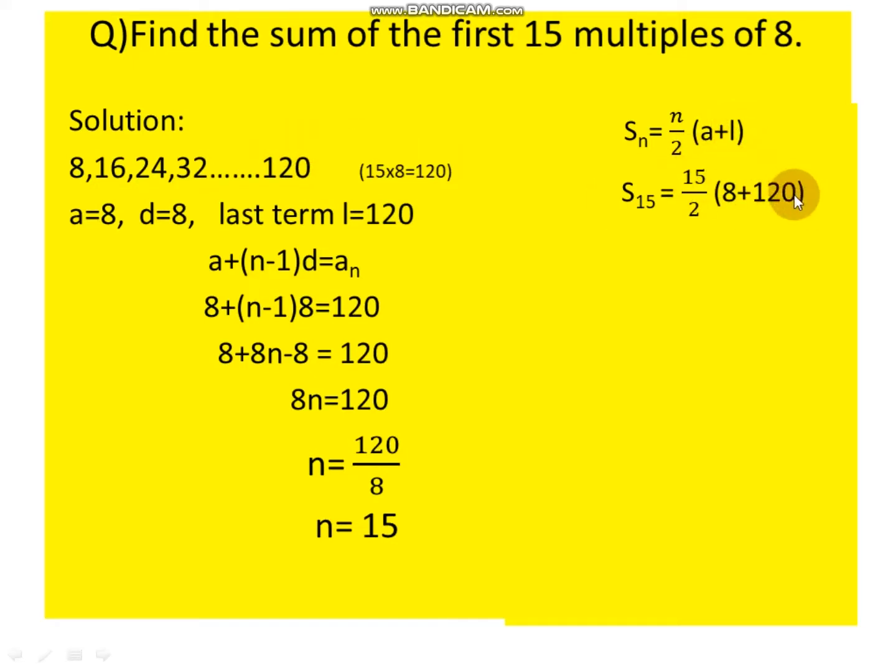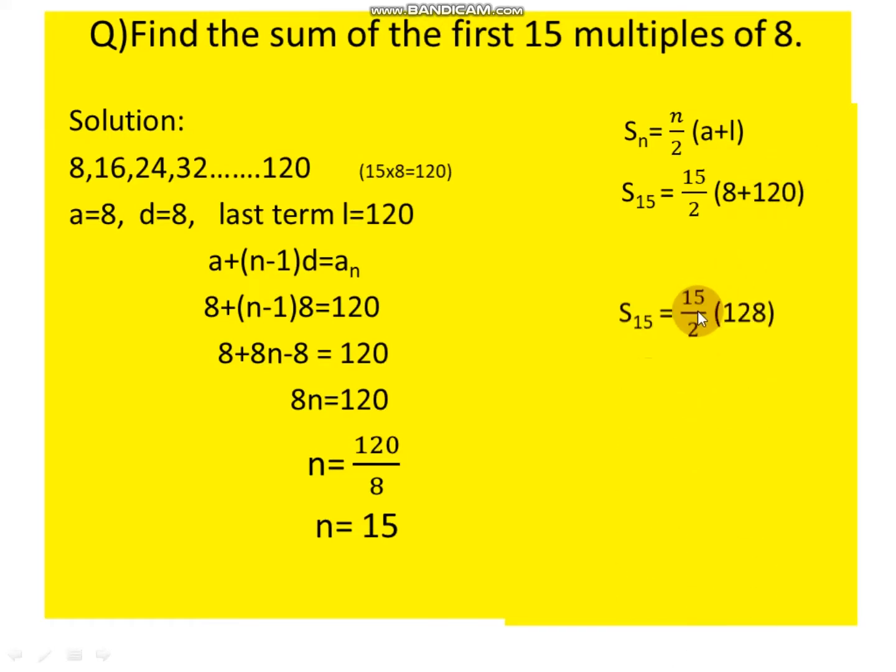So 120 is the last term of this arithmetic progression. So instead of using the other calculation, you can use directly this formula, Sn is equal to n by 2 into a plus l. For verification purposes, you can use a plus n minus 1 into d is equal to an. Therefore S15 is equal to, in the place of n is 15 by 2, and the value of a is 8, and the last term is 120.